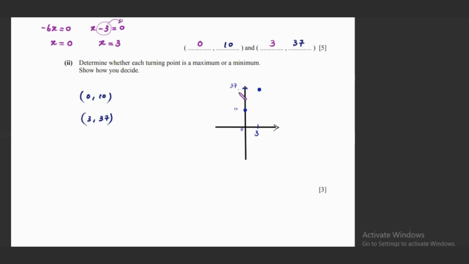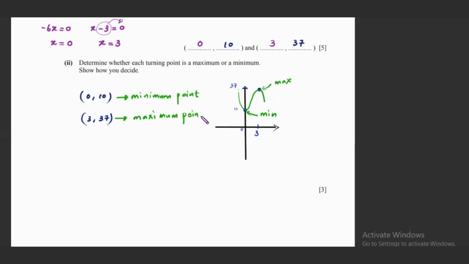So it's going to go like this, and it would reach a point like this and something like this, which means this point that we have here is the maximum point, and this point is the minimum point. So the 0, 10 that we have here is the minimum point, and the next point that we found in the previous step, which is 3 and 37, is the maximum point.